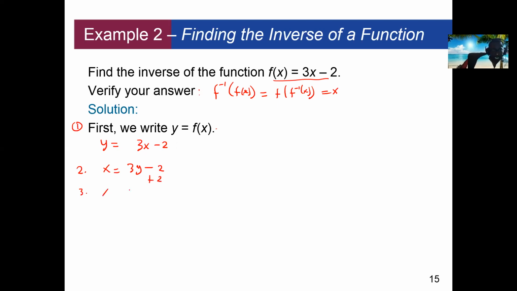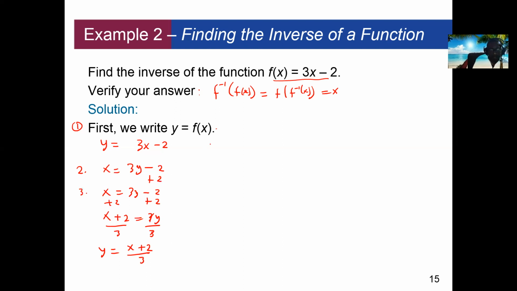So let's write it here again. We get 3y minus 2. We add 2 to both sides. Okay, we get x plus 2 is equal to 3y. Then we divide both sides by 3. So we get y is equal to x plus 2 divided by 3.